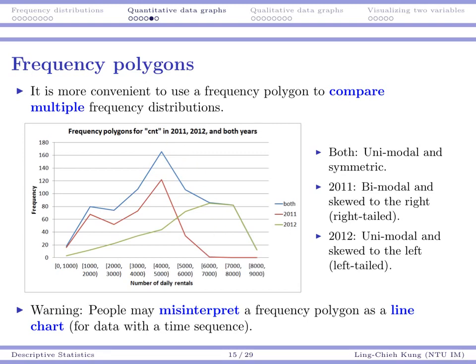Okay, there's only one peak at the center of this distribution. On the other hand, in 2011, we say it is a bimodal distribution because basically you have 2 peaks here. For the 2012 data set, it's obviously unimodal because there is only one peak.